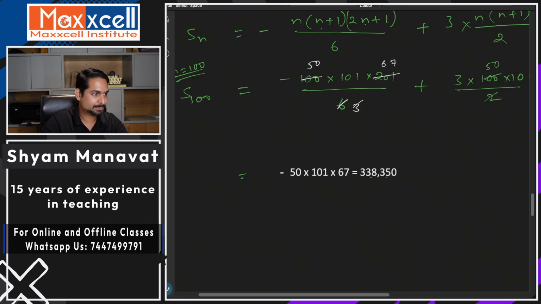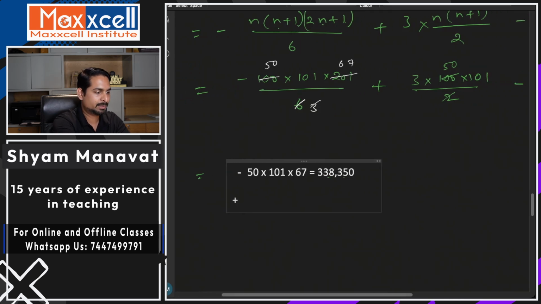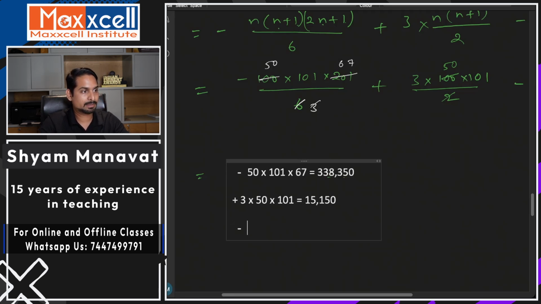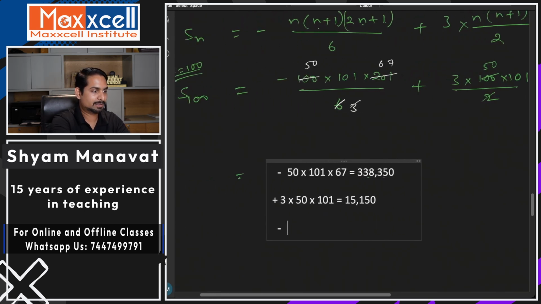The next you have here plus 3 into 50 into 101, that will get you 15,150, minus, then you have here 2 into 100, that is 200.